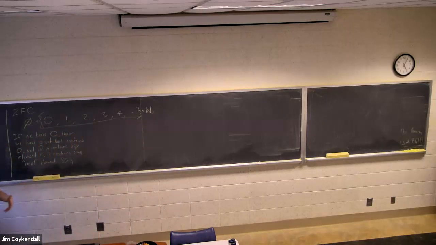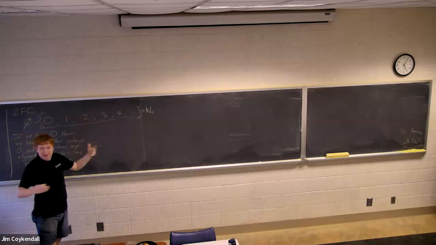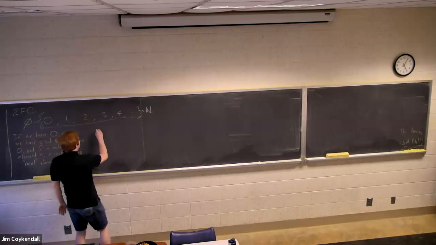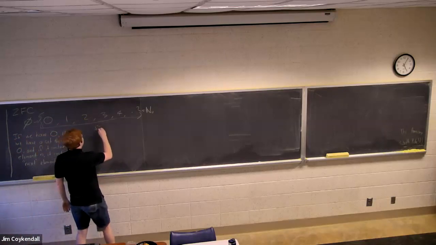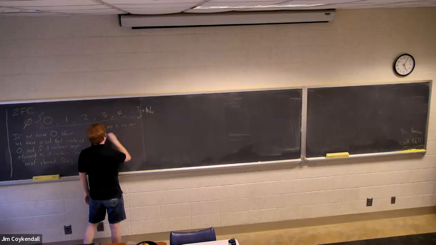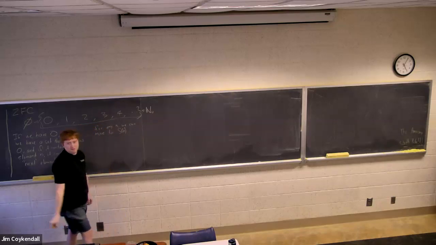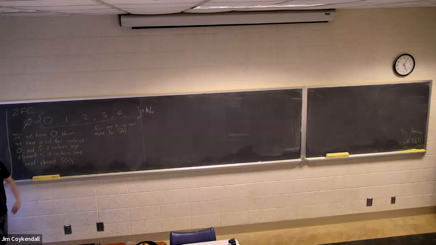So all we can really do with these things is count. We can say, okay, we have a first element, we have a next element, we have an element after that. In other words, for any n, we can move to the next element, s, and then the next set, and then the next set.